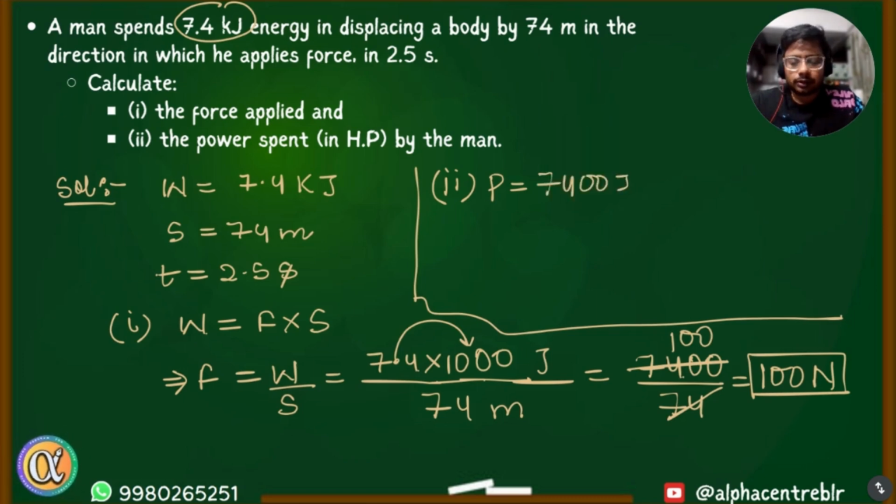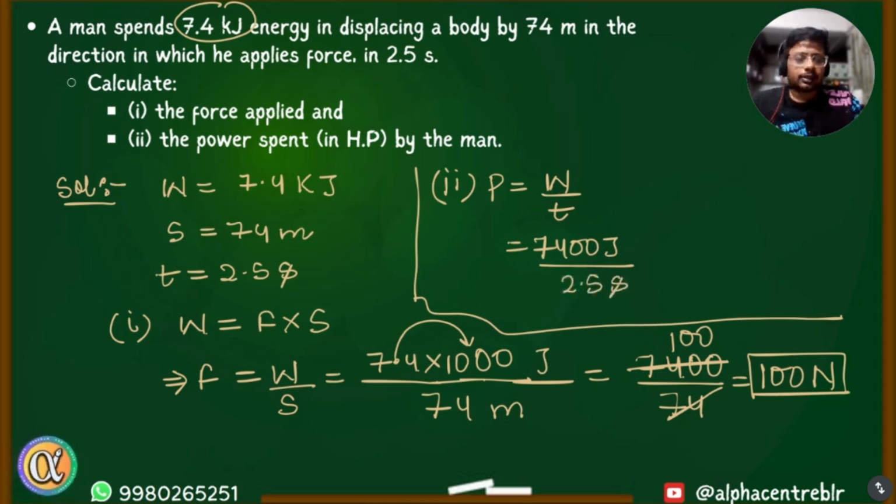The power formula is work done divided by time. Work done is 7,400 joules in the SI unit, divided by time 2.5 seconds. Okay, do the calculation. 7,400 divided by 2.5 is how much?